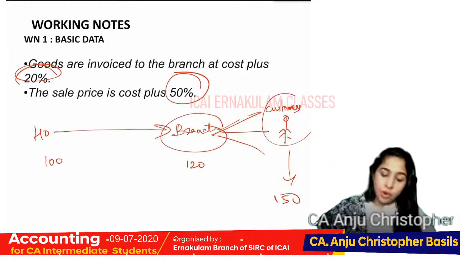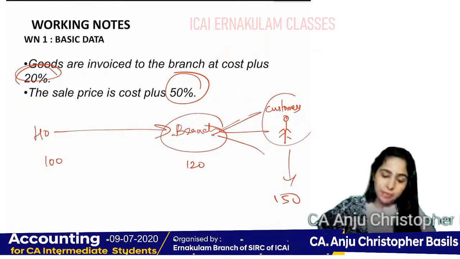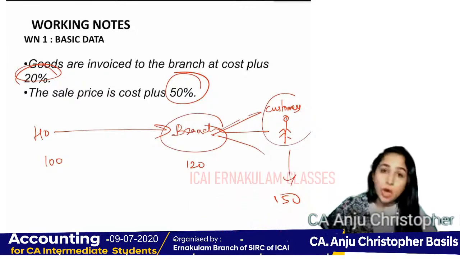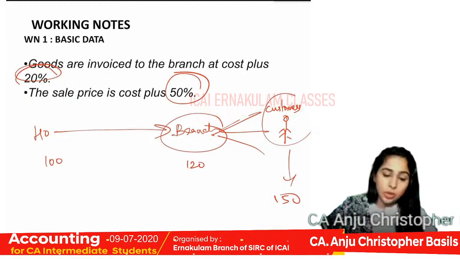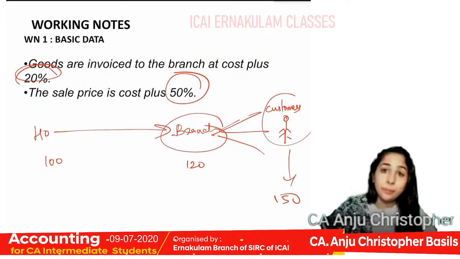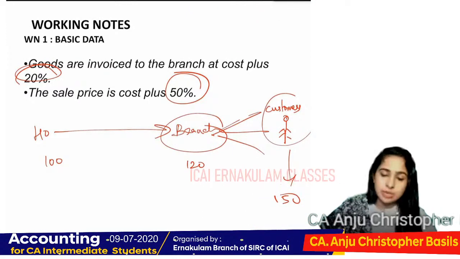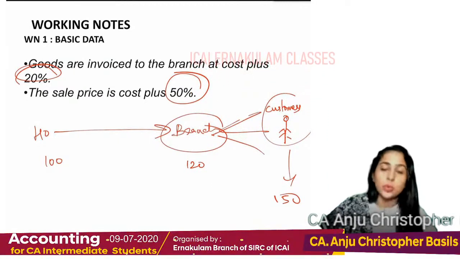Now what about the final sale value? It will be the wholesale price plus 20%. Meaning if the cost is 100, to the outlet it will be 120, and on this 120 is what we compute 20%. So when you're selling it to the final customers, on this 120 again you will be adding 20%.